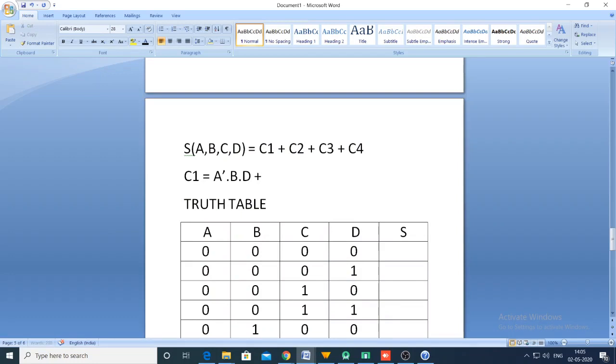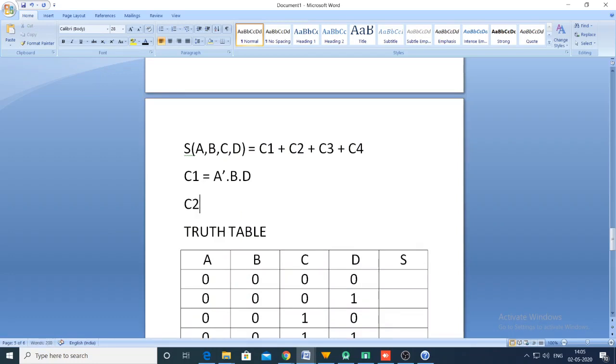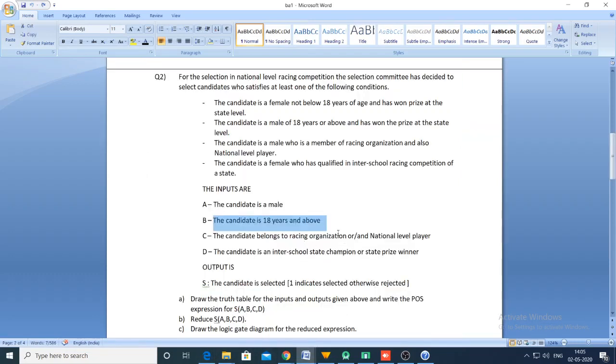Then the second condition, condition number 2. When you look at condition number 2, the candidate is a male of 18 years or above and has won the prize at the state level.